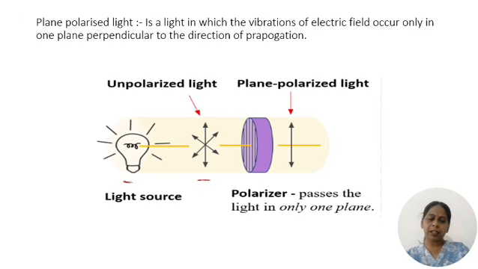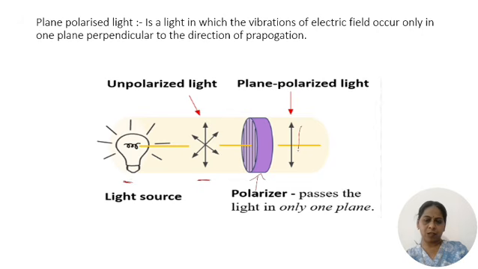Now, after passing that radiation through the polarizer, this one is a polarizer, we will get light which vibrates only in one plane.